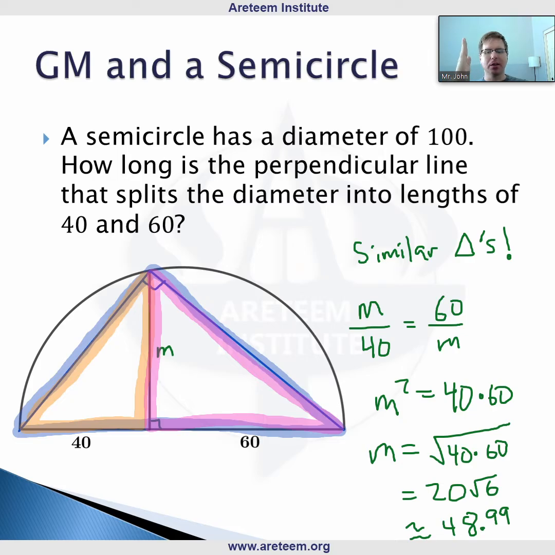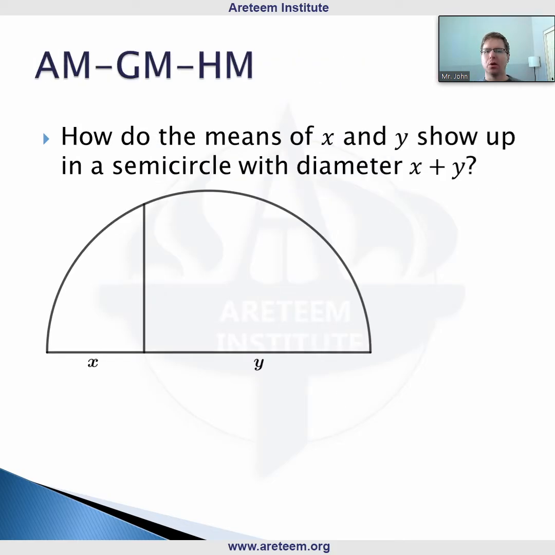This perpendicular line is the geometric mean there. So if we look at the general picture here again, let's label that geometric mean right here as square root of x y. So in general, it is the square root of x y. The geometric mean is the length of this perpendicular line we have here.